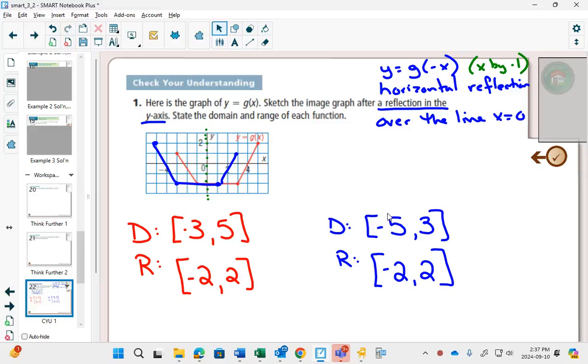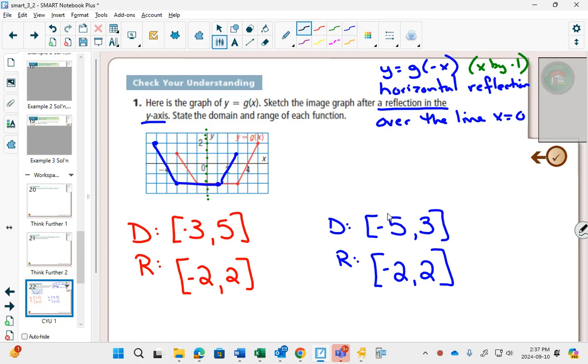Lots of times we start with the graph, we flip the graph, then we looked at the graph to do our domain and range. Perfectly fine. But can you see that the domain, if we're multiplying the x values by -1, the -3 becomes a +3. And the +5, when multiplied by -1, becomes a -5. So we can see a pattern in the domain as well.